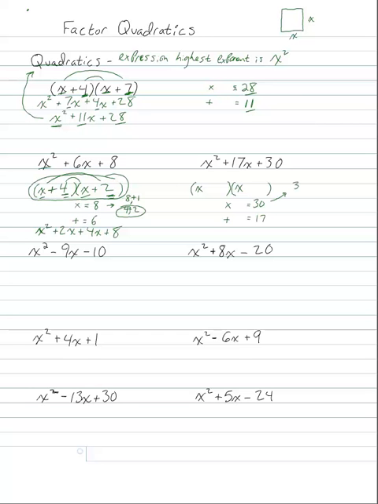I have 30 and 1, 15 and 2, 10 and 3, 4 doesn't go into it, but 6 and 5 do. And I need to find ones that add up to give me 17. 15 and 2 will work. So I should get x plus 15, x plus 2. To check it, I just FOIL.